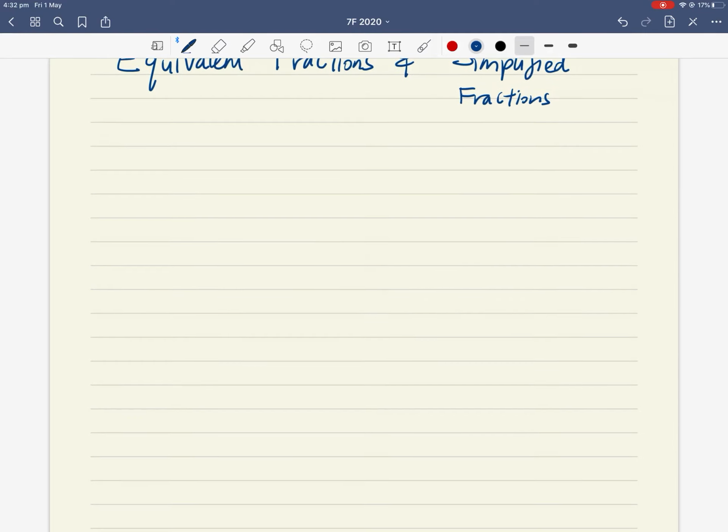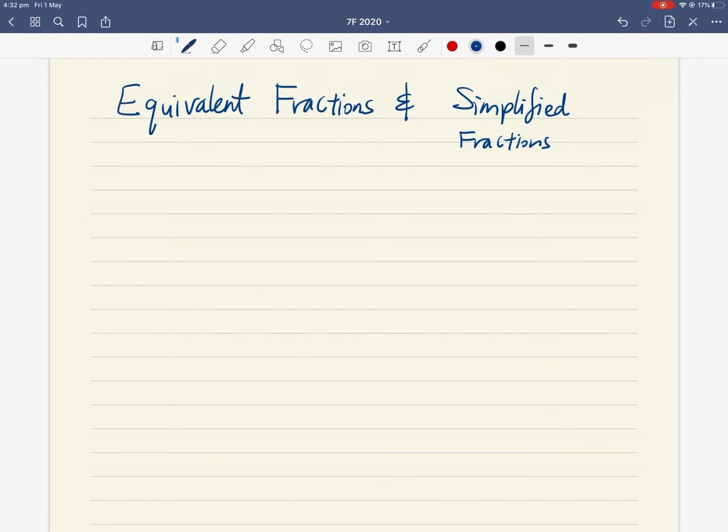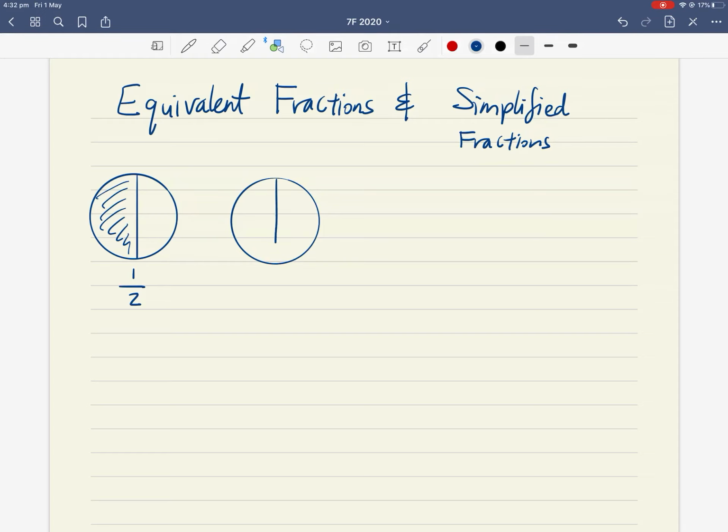So let's start by thinking about our pizzas we were talking about last lesson. Say you have a pizza. You decide to cut the pizza into 2 slices, so you cut it in half. You decide to take one of the slices, so you have half a pizza, or 1 out of the 2 slices. Suppose you took the same pizza and instead of cutting it into 2 slices, you decide to cut it into 4 equal slices.